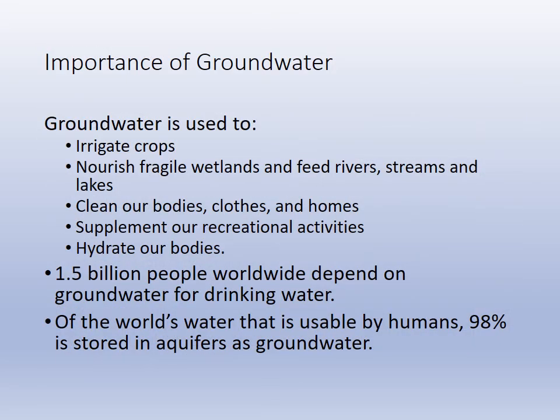Like I said, many people depend on groundwater for drinking. 98% of our usable water is stored in aquifers, groundwater. We don't consider those ice caps and glaciers that we spoke of usable.